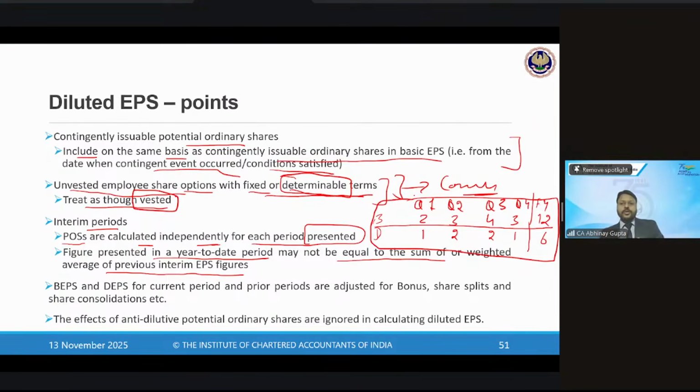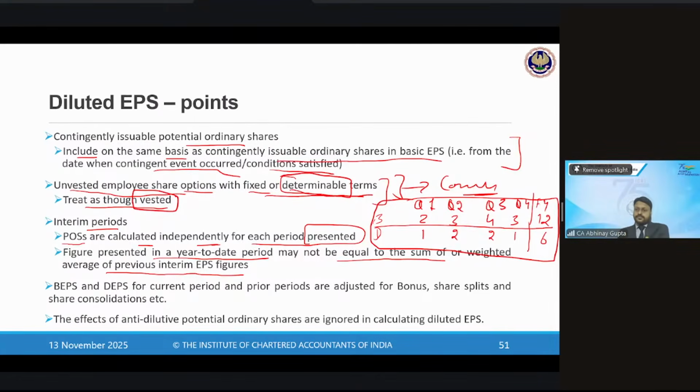So for the full year, can you simply add the 4 quarters' EPS and diluted EPS to come up with the basic earning per share and diluted earning per share for the full year? Possible, not possible? No, not possible. Why? Quarter four will be the final figures. So you mean to say quarter 3 is not final?